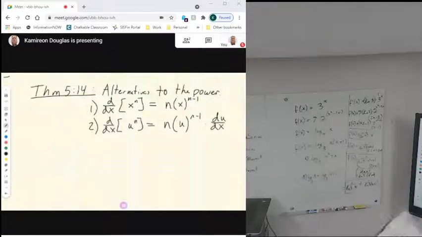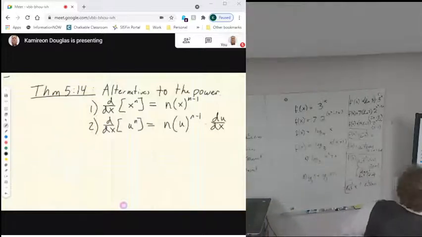Basic application of chain rule. I don't know why they're doing that here and not in chapter 4, but they do. Personally, I feel like it's kind of an unnecessary theorem. It's kind of obvious once you learn about the chain rule that this should be the case. So this is just the power rule combined with u substitution. So let's talk instead about the next theorem.